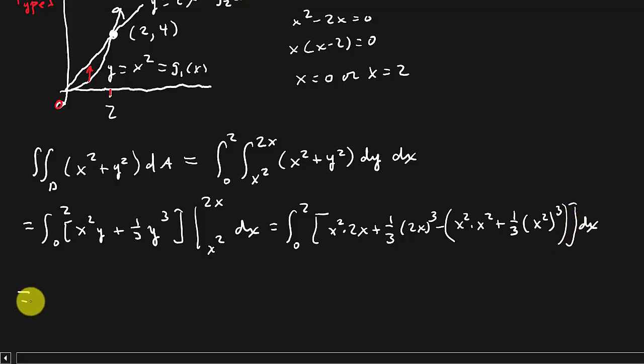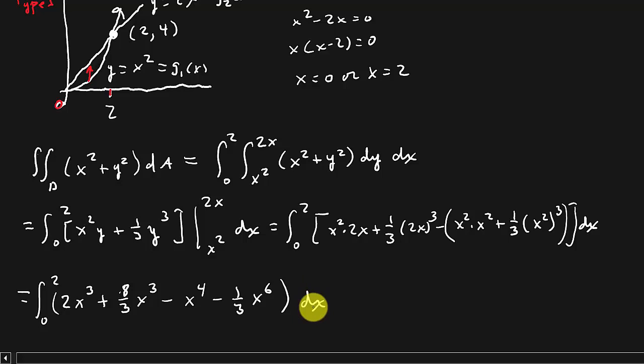And so now we got to simplify this out. So that's 0 to 2. That is going to be 2x cubed plus 8/3 x cubed minus x to the 4th minus 1/3 x to the 6th dx. All right.